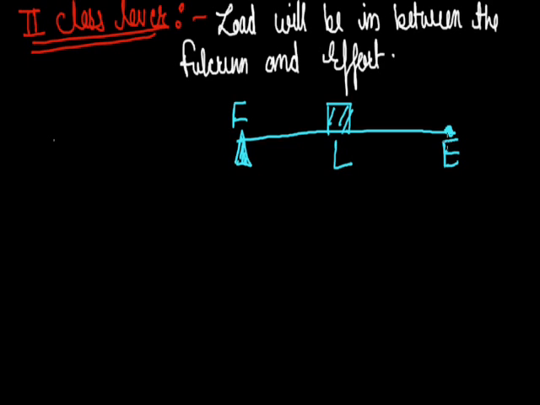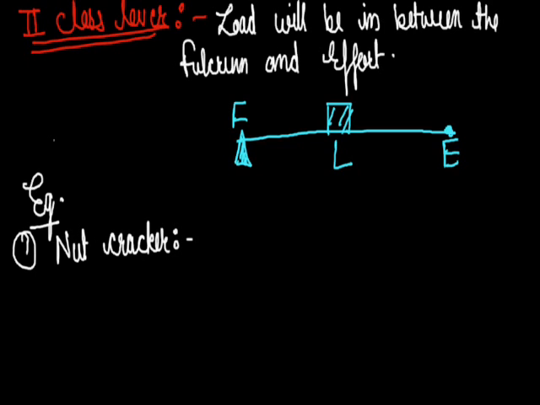Now the examples of second class lever: first, nutcracker. We can draw a diagram for nutcracker. This will be something like this, and it is used to crack the nut.